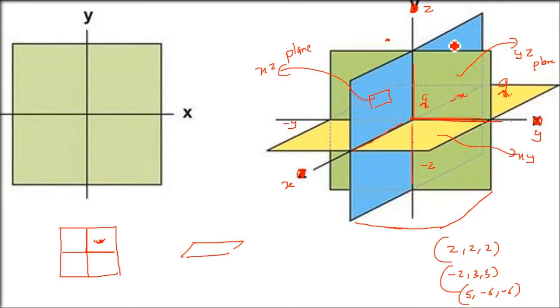So blue is also XZ for your brother, and the green is also YZ for your brother. All yellow which you see is the XY plane. All green you see is the YZ plane. All blue which you see is the XZ plane.